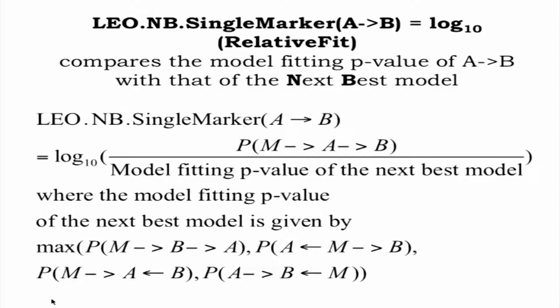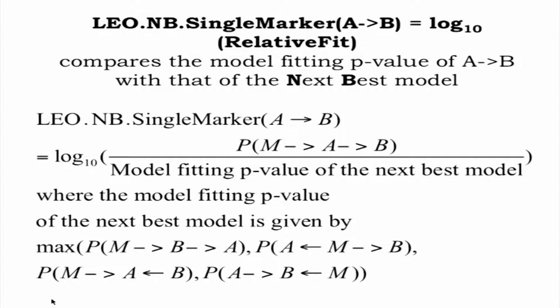Therefore, we define a relative fitting index. We take the p-value for the causal situation that A causes B and divide it by the p-value of the remaining 4 models, the maximum of the alternative models. And then we take the logarithm of this.